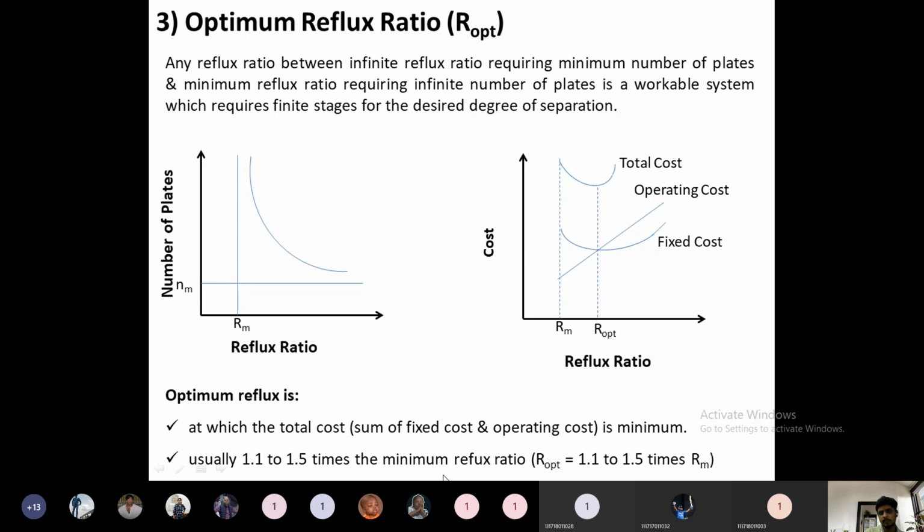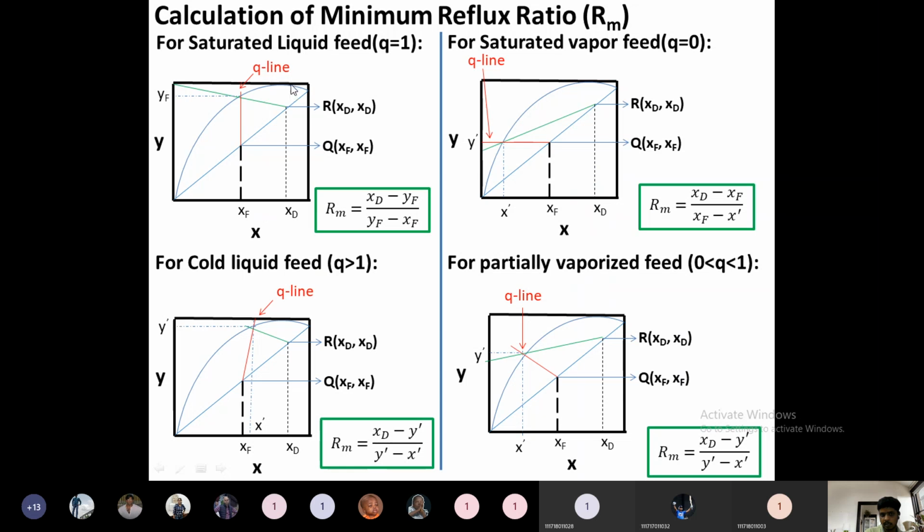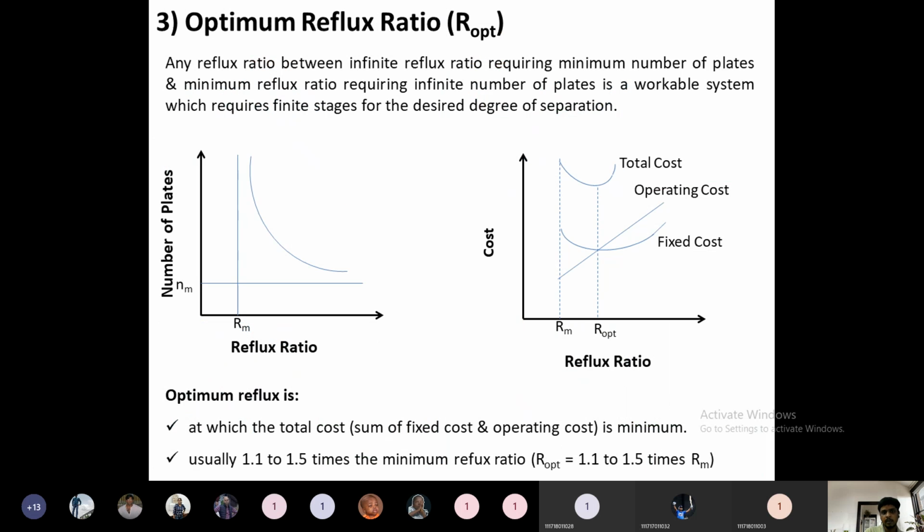First, we know how to estimate the minimum reflux ratio using all these graphs. After estimating this, how do we find the operating reflux ratio? Whatever RM value we get, we multiply it within the range of 1.1 to 1.5, depending on the conditions. It will be specified in your problem that the operating reflux ratio is somewhere between these two values, 1.1 to 1.5 times the minimum reflux ratio.